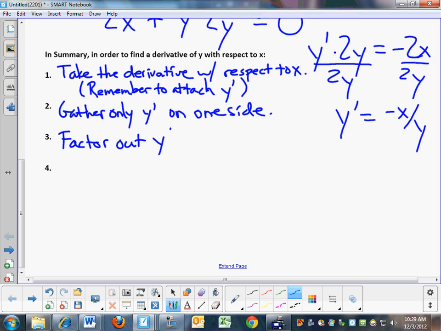Factor out y prime, then divide. Divide and solve. And that's what we do.